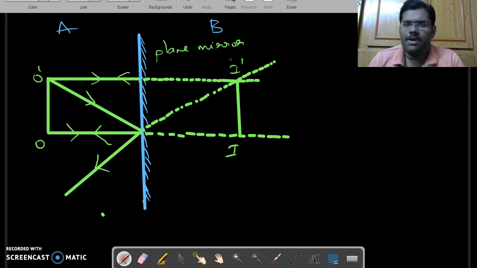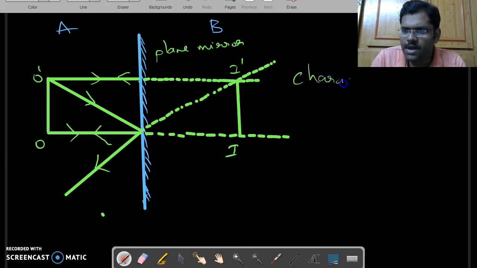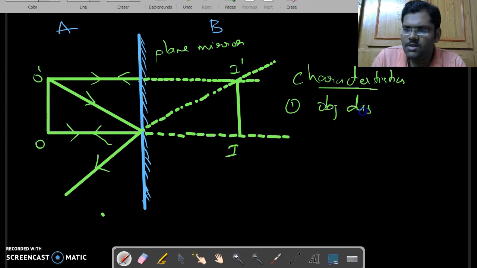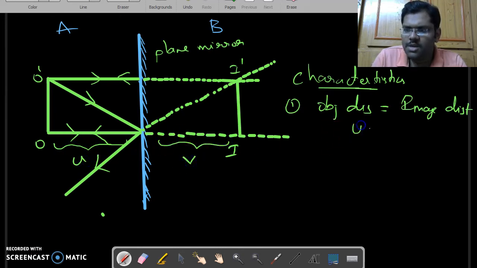So what are the properties of the plane mirror? The characteristics of a plane mirror are: the first one, the object distance is equal to the image distance. This is the object distance u, and this is the image distance v. Here the object distance will be equal to the image distance.